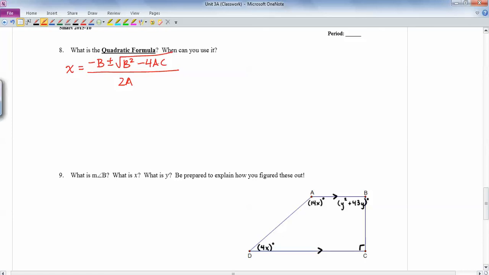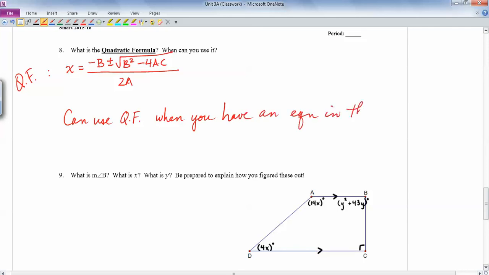Now, when can you use the quadratic formula? So this one's the quadratic formula right here, the x equals thing. You can use the quadratic formula when you have an equation in the form ax squared plus bx plus c equals 0.